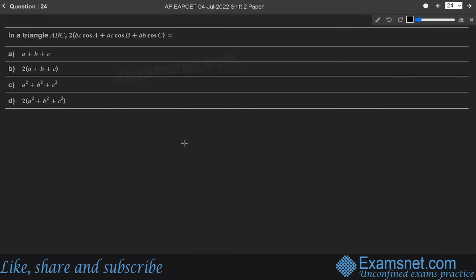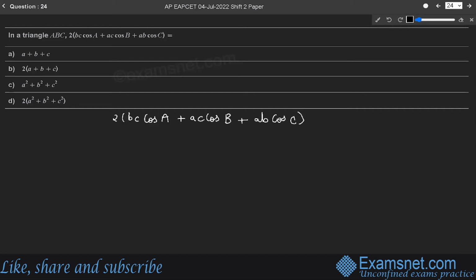Next question is, in a triangle ABC, 2 into BC cos A plus AC cos B plus AB cos C is equal to. We have to find the value for this trigonometric expression. In this question, we have to use the cosine rule.